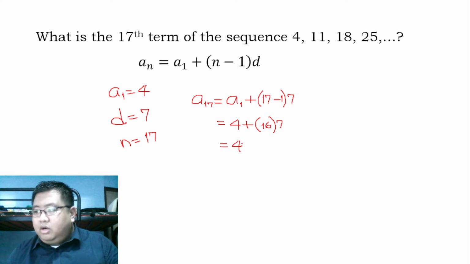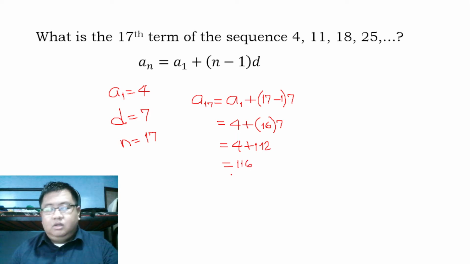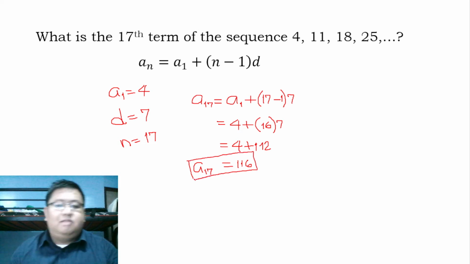So 4 plus 16 times 7 would be 4 plus 112, which is 116. So, to answer the question, a sub 17, the 17th term of this sequence, is equal to 116.